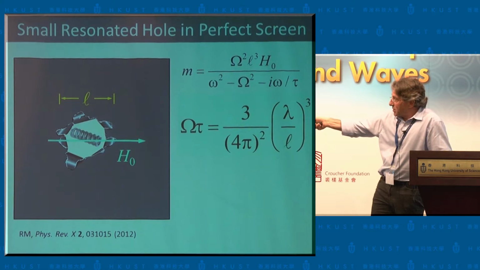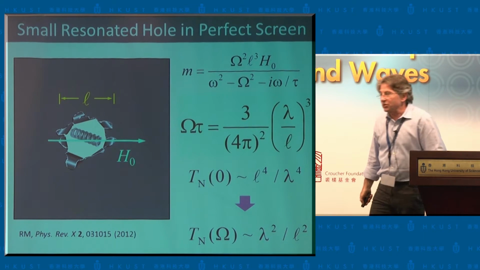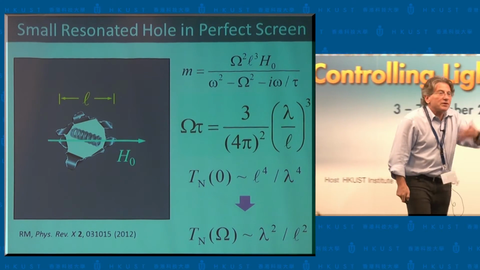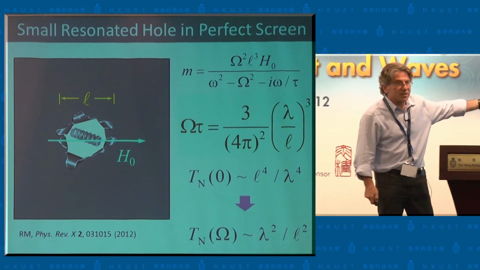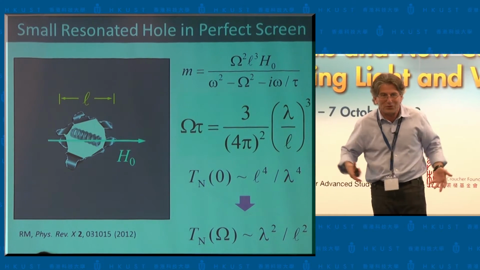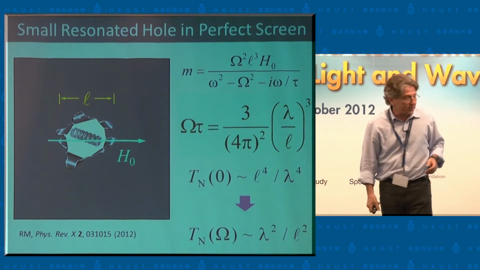So if you put this value of tau back in there, you get 100% transmission or very close to that. That's how it works. Very simple. All I did was to add a resonance. The question of how to actually make that resonance experimentally is a different question. But at least if you have a resonance, this is what you get.